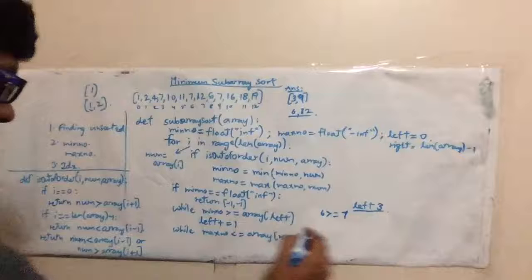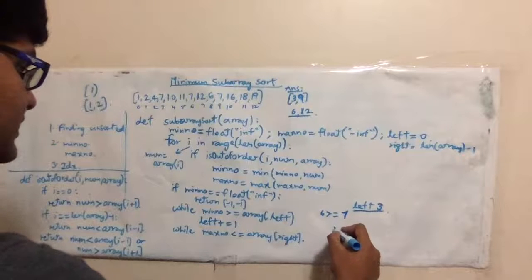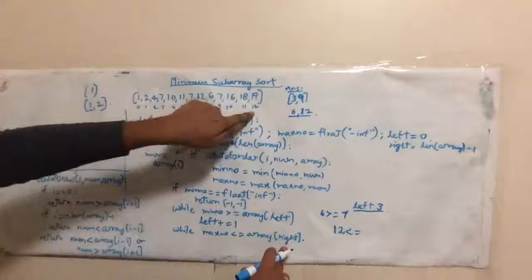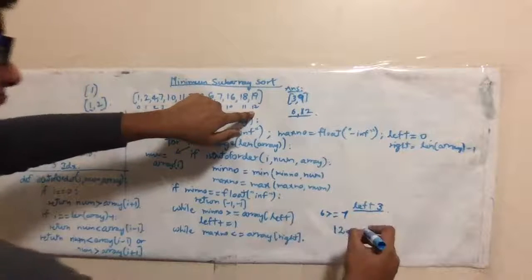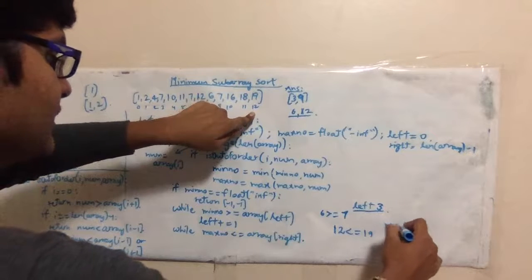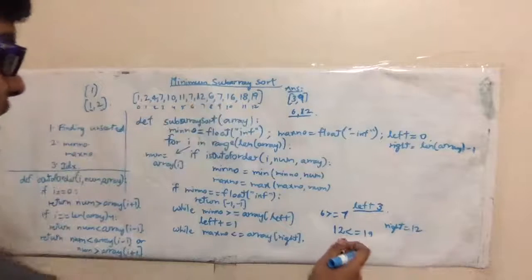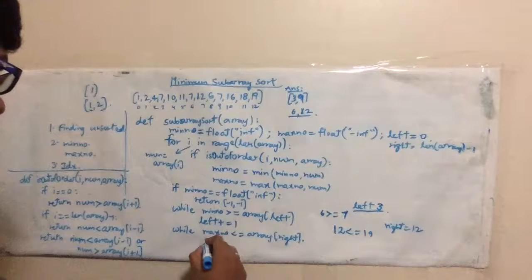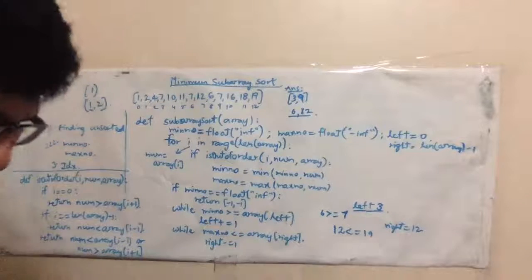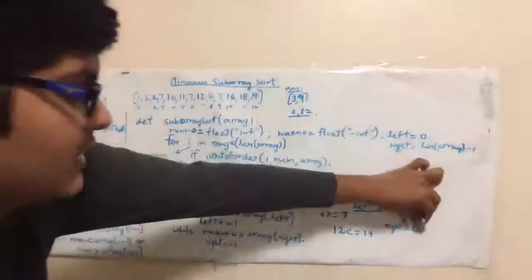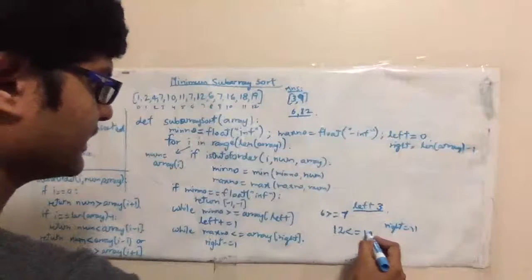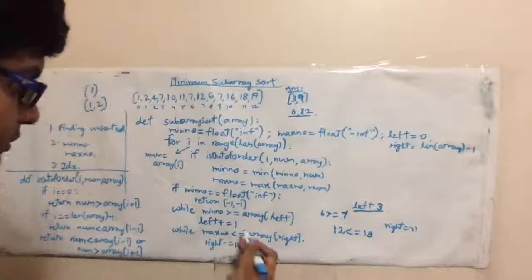So it will initially check the max number, we knew it is 12, is it less than or equal to this number, 19? This is true. So initially the right is at the last index, and as this is true, it will be decremented by 1, and we go to the 11th index. What is at 11? Here it is 18. So still it will be true again.